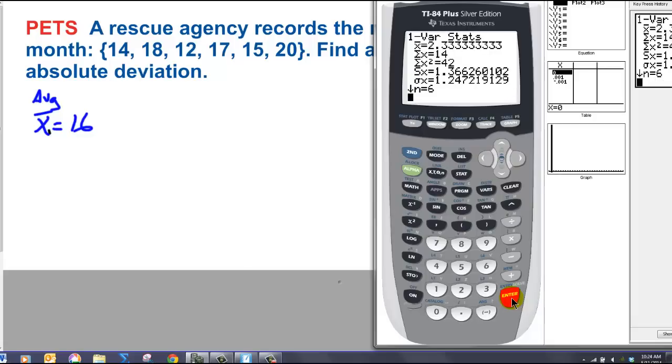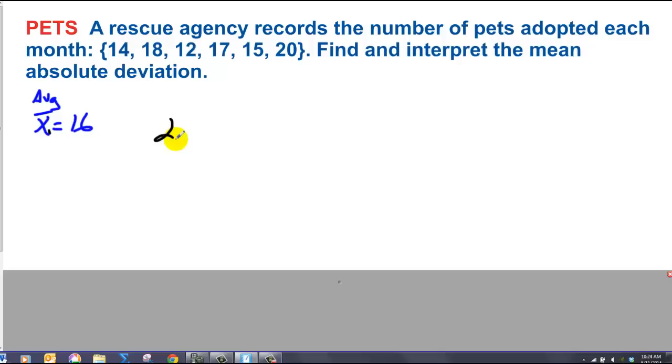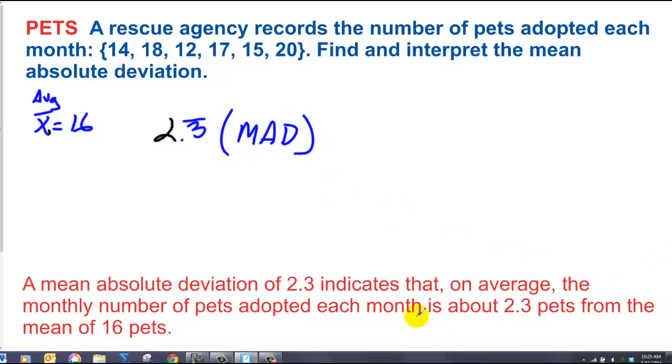And what we get is 2 1/3 or 2.3 repeating. And that is the mean absolute deviation. So that indicates, on average, the number of pets adopted each month is about 2.3 pets from the mean. So that's not a giant spread, is what that's telling us.